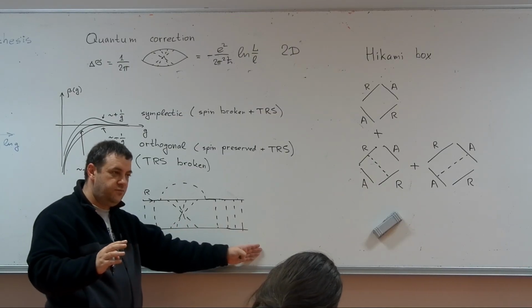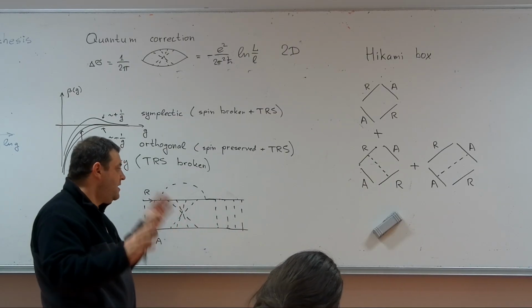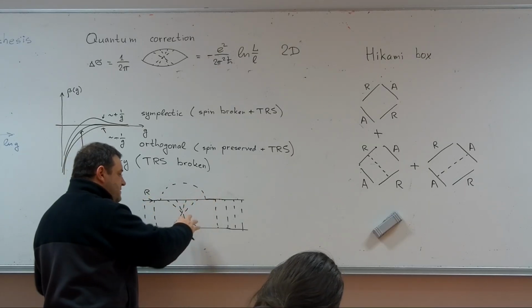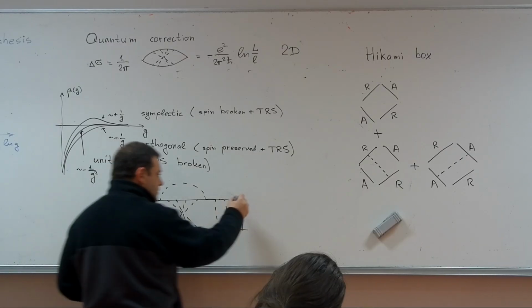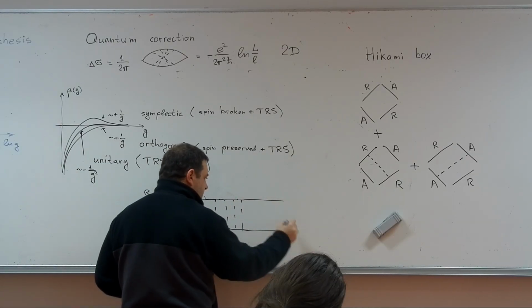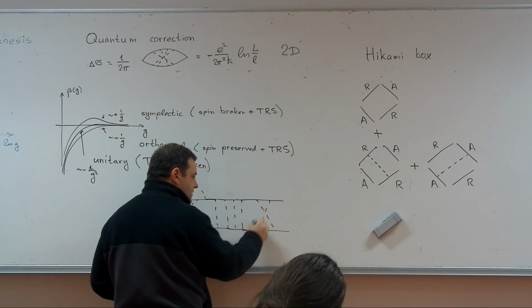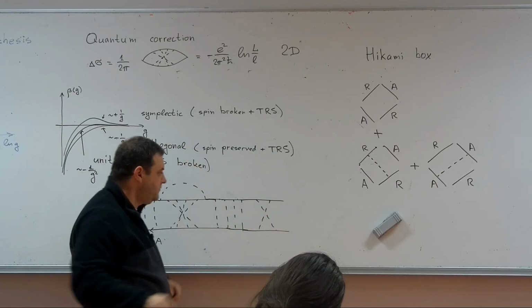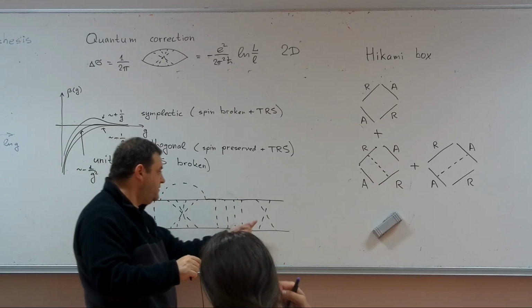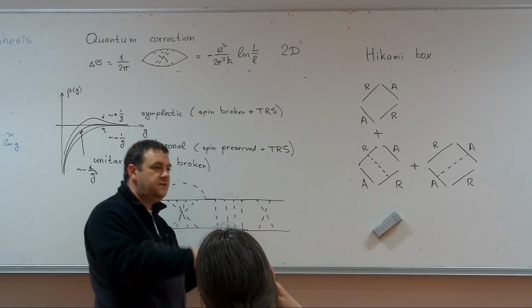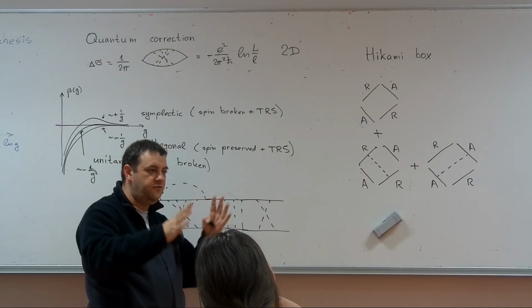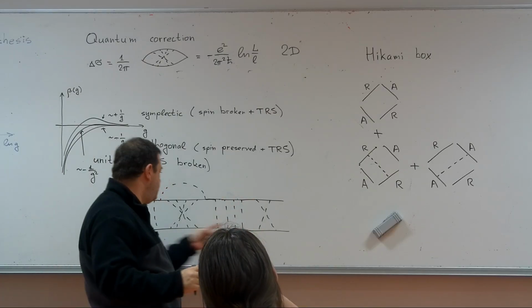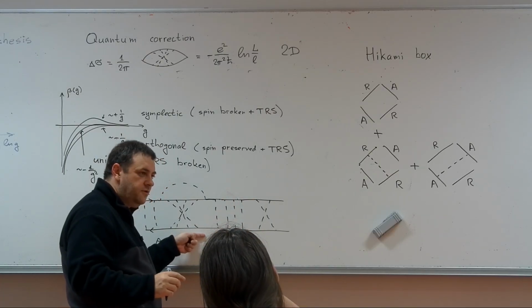And this is a pure diffusion, classical. Now we add something which includes crossing of lines. For example, we take this ladder and say, let's cross two lines like this. But then it turns out that if we add more lines in this fan, they are all of the same order. It doesn't matter if we cross 2 or 3 or 5 or 55. So we need to sum up this whole thing.